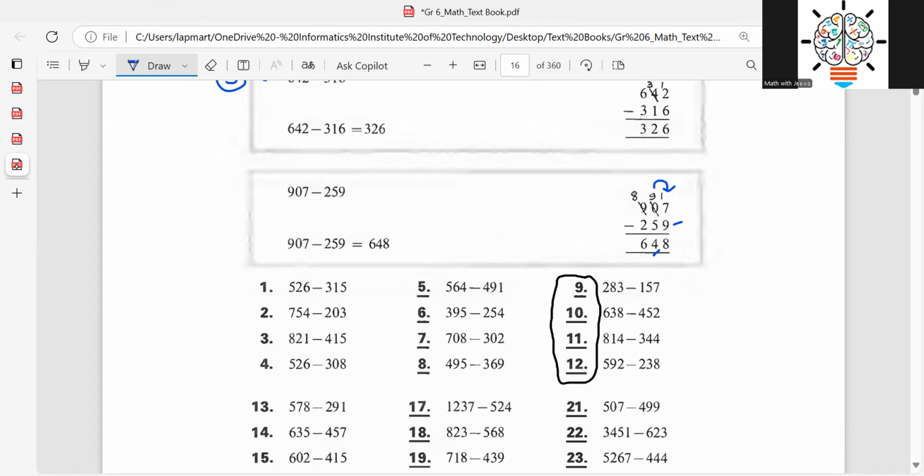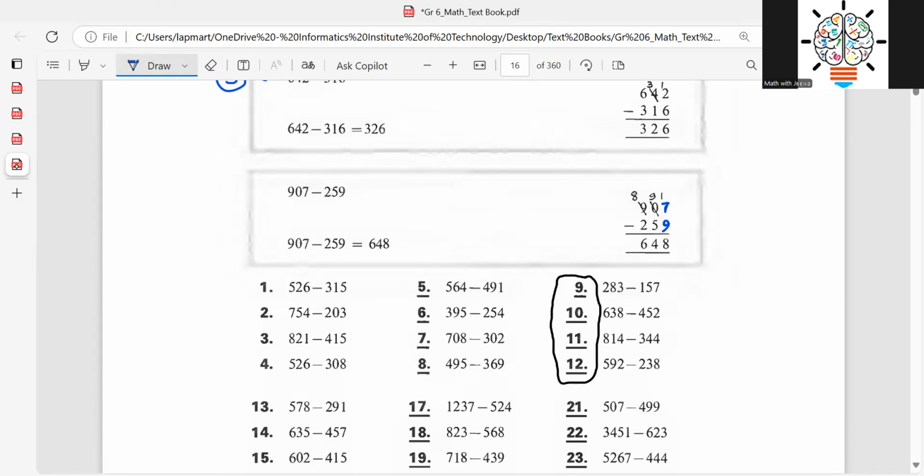Why does that become 8? I will explain this again, if you have any confusion. We want to deduct 9 from 7. Can we do that? No. Therefore, we try to borrow from the next door. The problem is the next door is a 0.